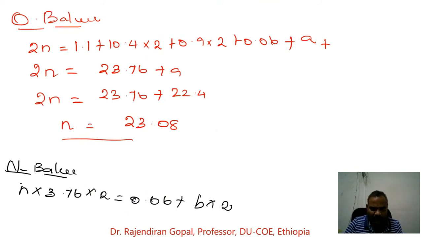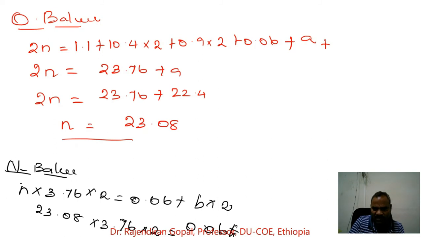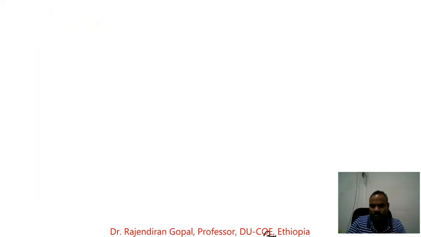N we already know is 23.08, so 23.08 multiplied by 3.76 multiplied by 2 is equal to 0.06 plus B multiplied by 2. We can get B is equal to 86.75.